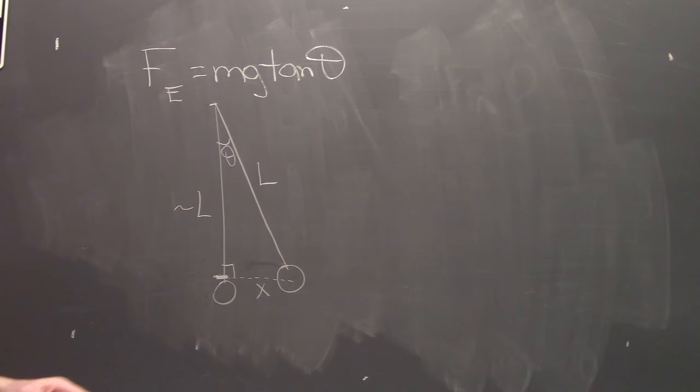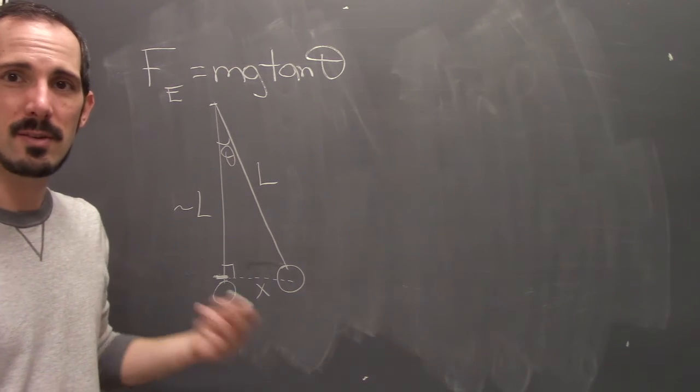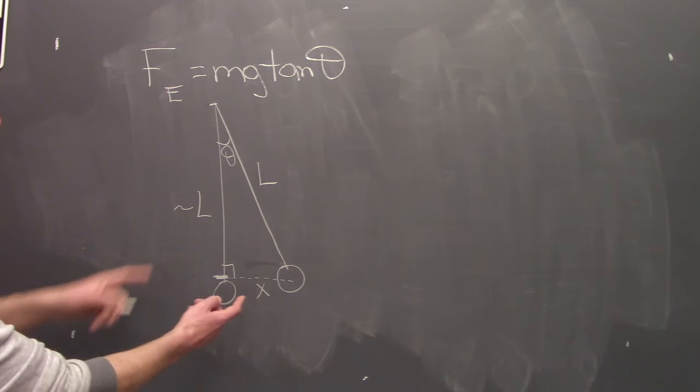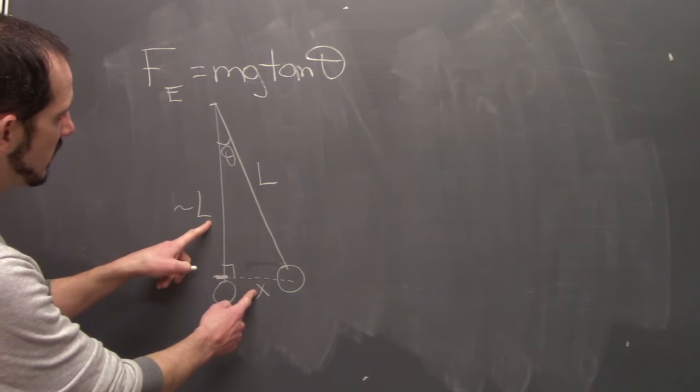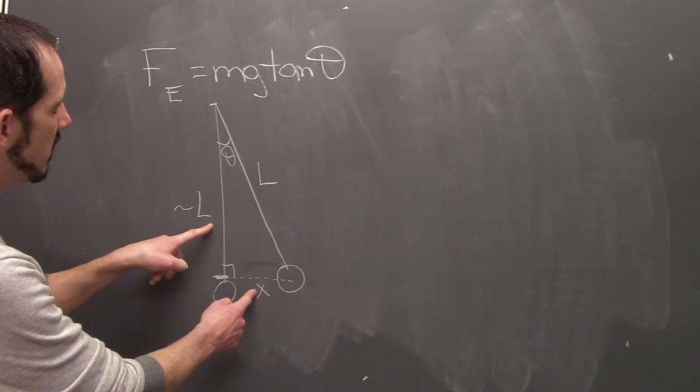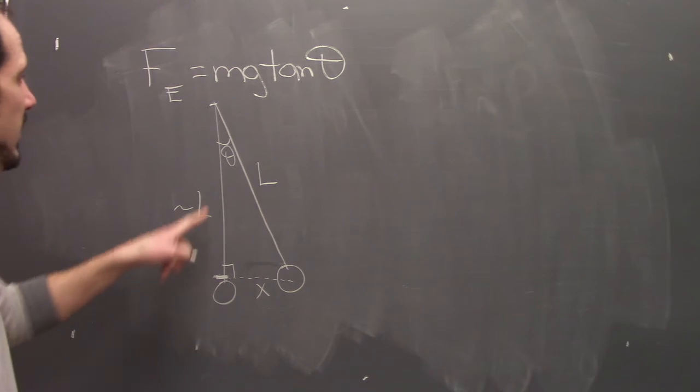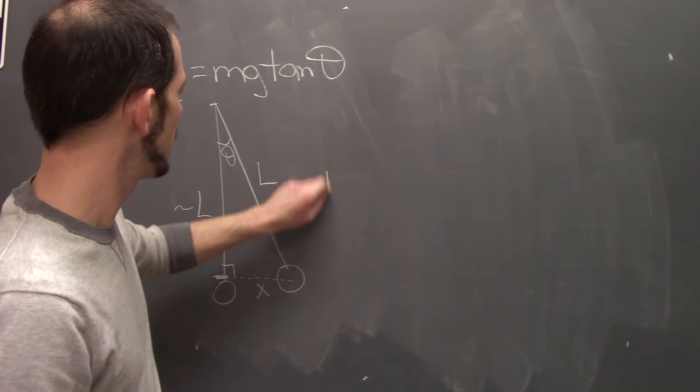So then, using this triangle, we can figure out, well, what's the tangent? Tangent is opposite over adjacent. So x divided by this term that's basically L is the tangent of the angle.